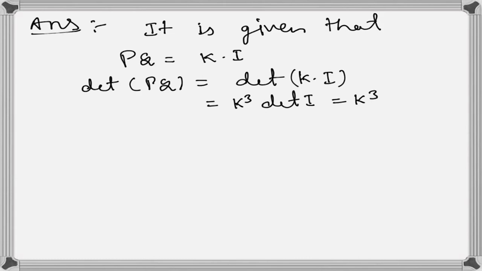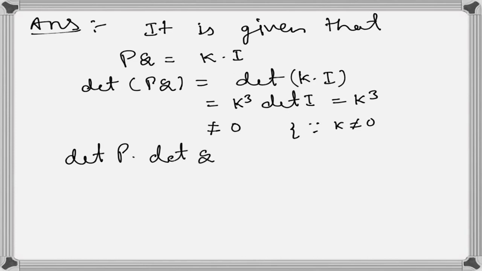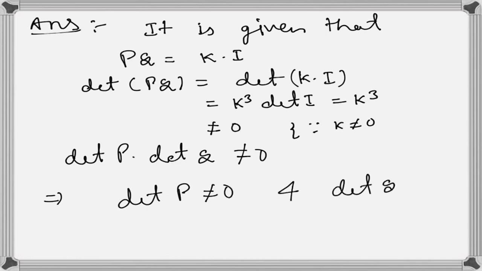And because K is not equals to 0, this is not equals to 0. So we have determinant of P into determinant Q, we can apply this product formula of determinant, not equals to 0. So from here we observe that determinant of P is not equals to 0, and determinant of Q is also not equals to 0.